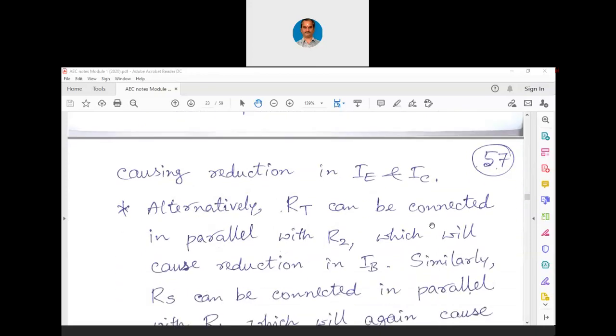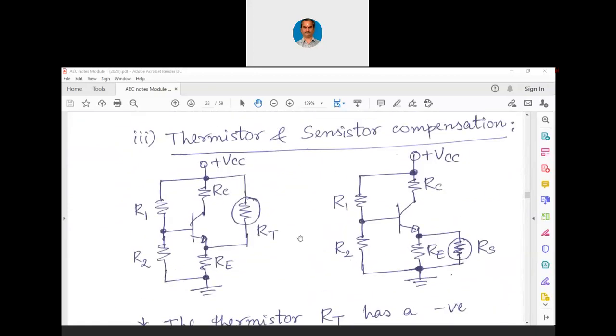Alternatively, the thermistor can be connected in parallel with R2. See, the same RT can be connected in parallel with R2 here. That is another way of achieving the same purpose. What happens here is, instead of connecting it across the emitter and the power supply, if it is connected across base and ground, when temperature increases, this RT reduces.